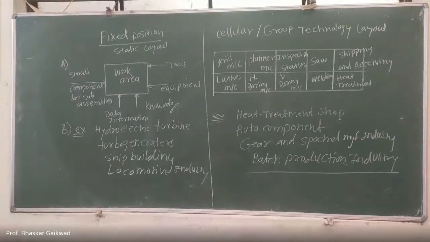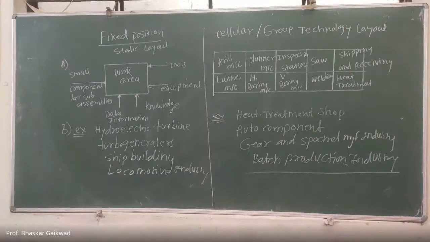And one more layout is there which is not in our syllabus: combined layout, the combination of the process and product layout. Some machines are in lines, some machines are arranged as per the process requirement. In a conveyor manufacturing industry, the press machines are in one line, but machines required for manufacturing bush roller pins are scattered.